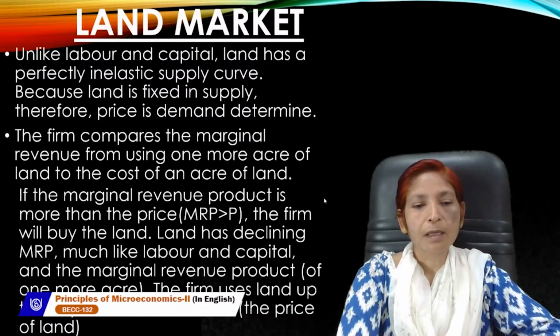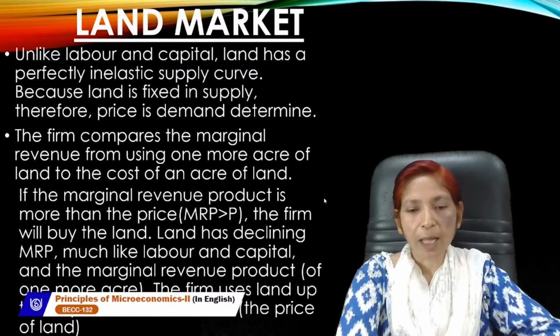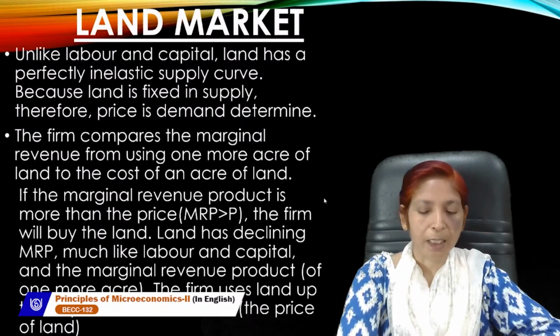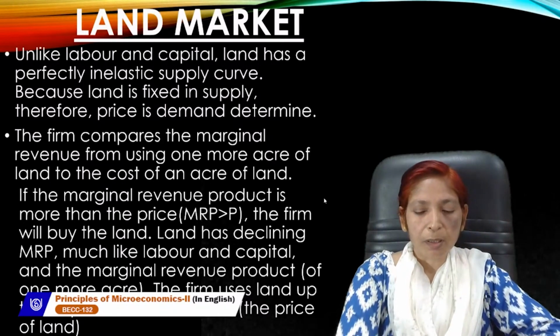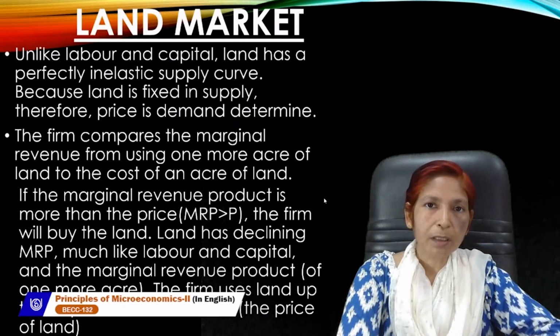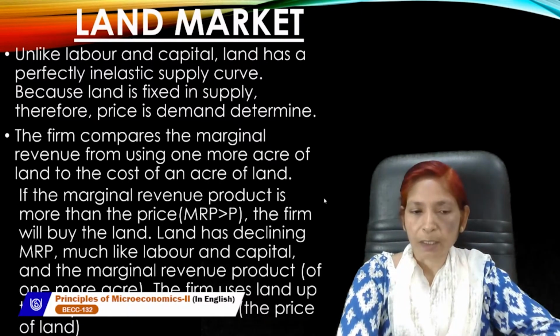And land has declining MRP, much like labor and capital. So the firm uses land up to the point where MRP equals the price of land, because the equilibrium condition will be where MRP equals price; then the firm uses the land area.